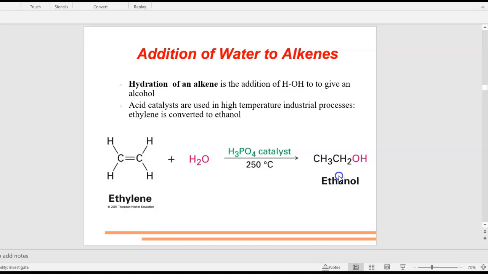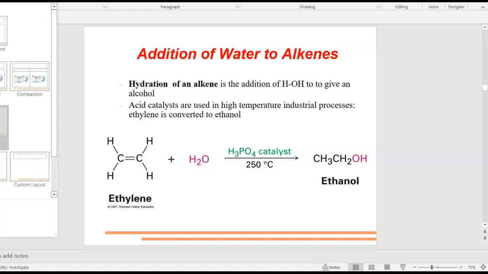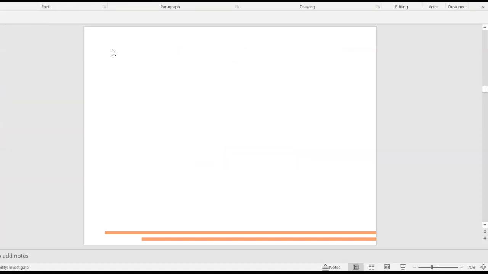Now here, the formation of alcohol from alkenes, we will do it in three different reactions. One is what we just looked at, the hydration of alkenes in the presence of an acid catalyst.